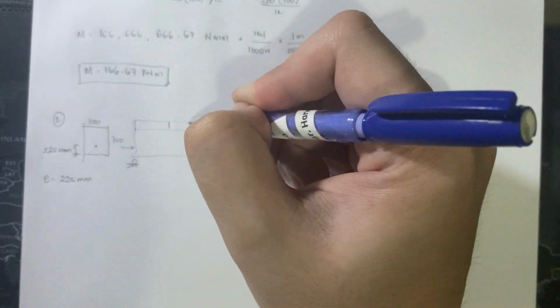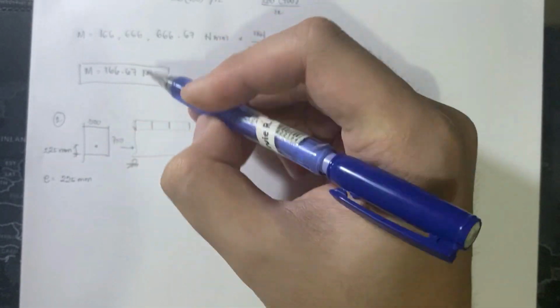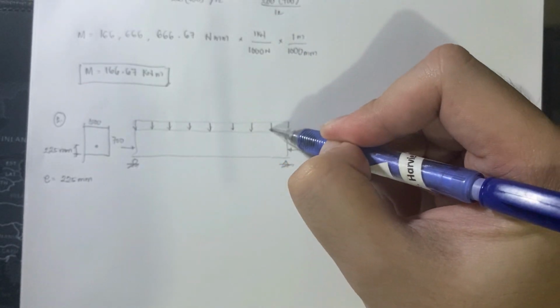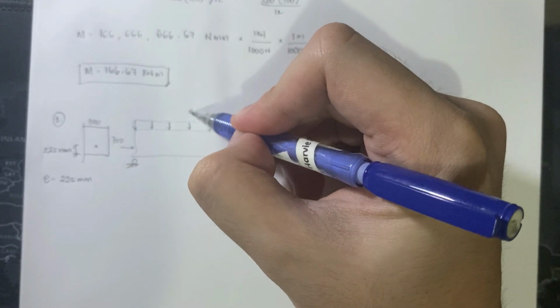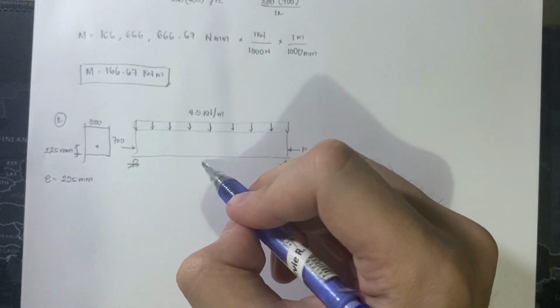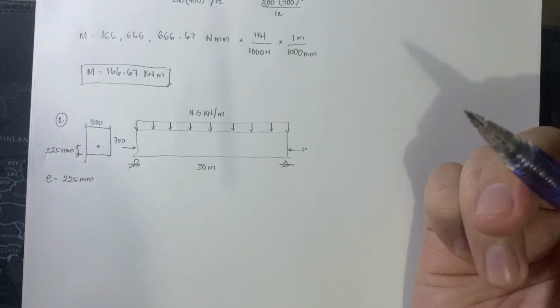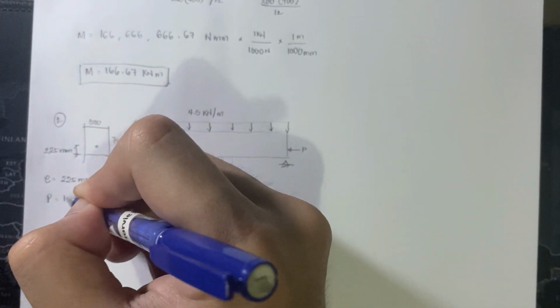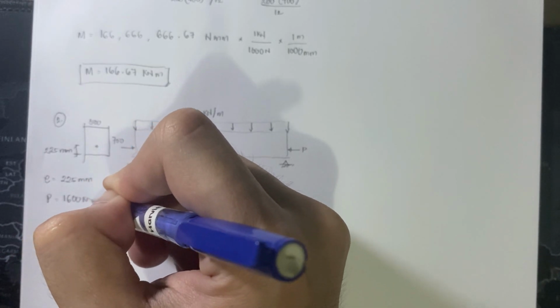And then yung uniformly distributed load natin is equal to 4.5 kilonewton per meter. And then yung span natin is equal to 30 meters. So P is equal to 1,600 kilonewton.